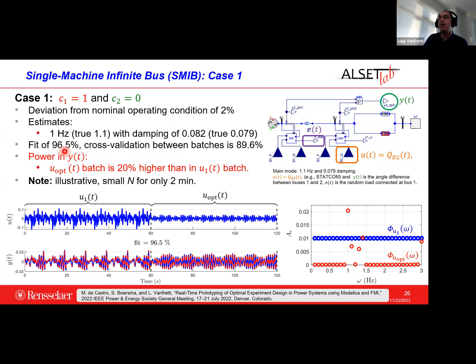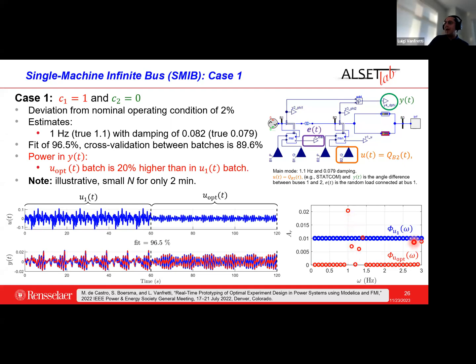We have a 96.5 fit. It's a pretty good estimate, because if you look, we only have 2 minutes of data. This example is more to show that even with a reduced amount of data, you can get an acceptable result compared to what we are using in the field today, in the real world.